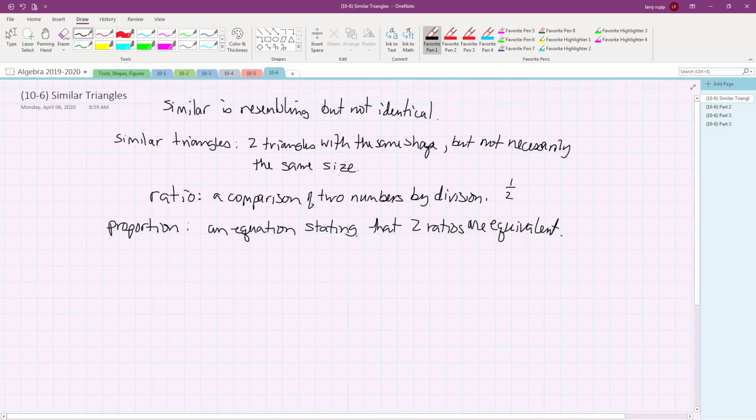For example, this would be a proportion. 1/2 is equal to 2/4. That is a proportion.